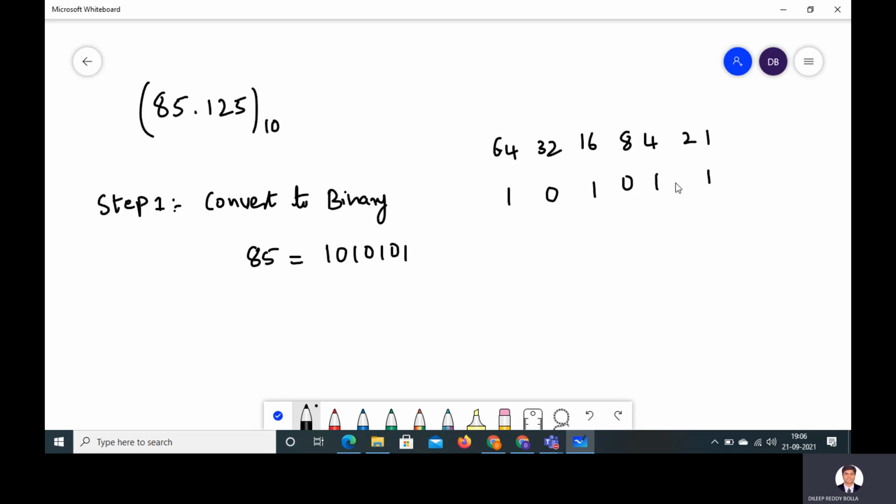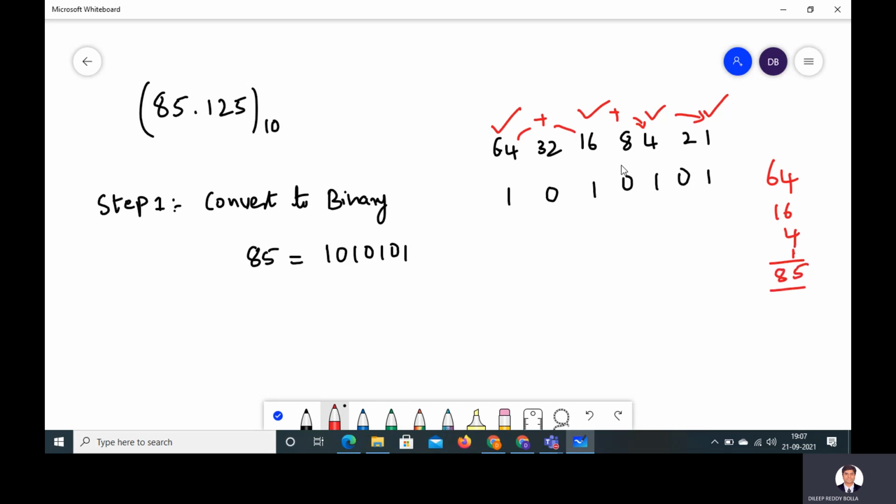The remaining values, 8 and 2, are 0. So 64 is 1, 16 is 1, 4 is 1, and 1 is 1. If you add 64, 16, 4 and 1, that is 80 plus 5, so it is 85.